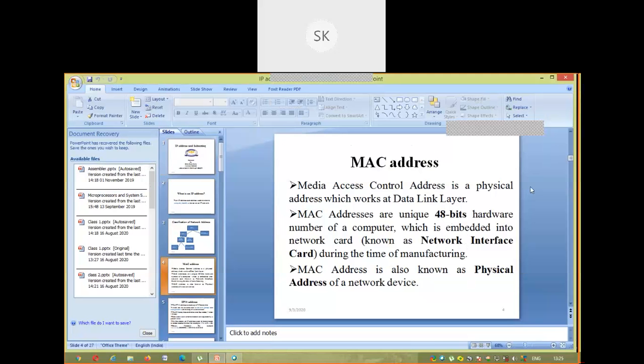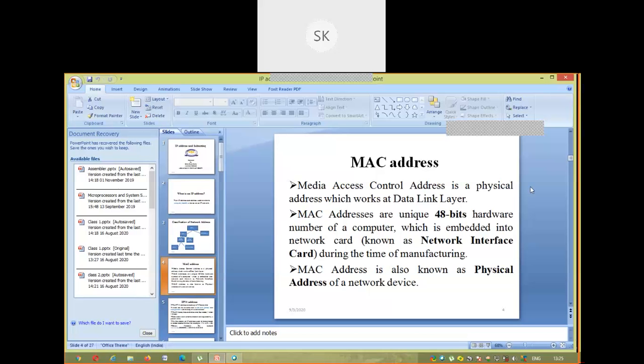Those who attended my lab class, I think I already showed you the network card, right? It is a card which is built into the laptop motherboard or PC motherboard, and that card has a unique address.